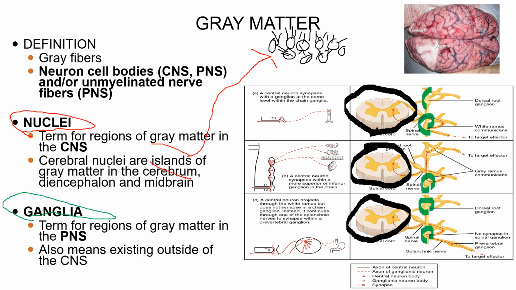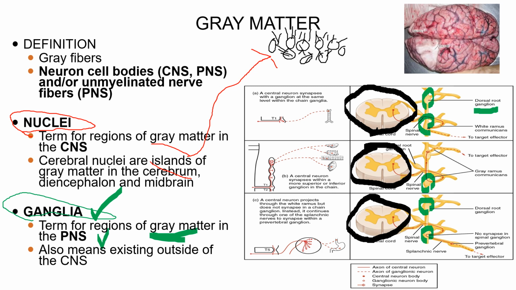And as you can see in the picture, the label, this one's called the dorsal root ganglion. And what does that mean? Well, dorsal means posterior, and ganglion is just an area in the PNS where we have a lot of gray matter. We have a lot of cell bodies and dendrites bunched up together. And that's it. So make sure you know the difference between nuclei and ganglia. They're both cell bodies and dendrites, but one's in the CNS, one's in the PNS. Let's move on to the next slide.